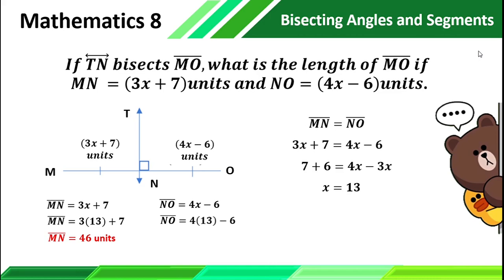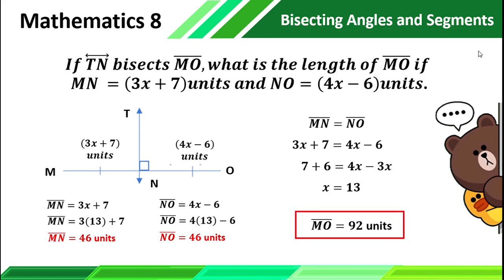Substitute 13 for x, so we have 4 times 13 minus 6, or simply 46 units as well. We are looking for the length of MO. So to find that, we just simply add MN and NO. So 46 plus 46 is equal to 92 units.